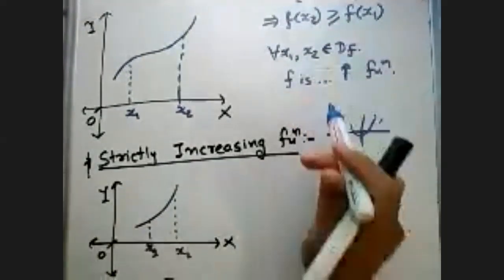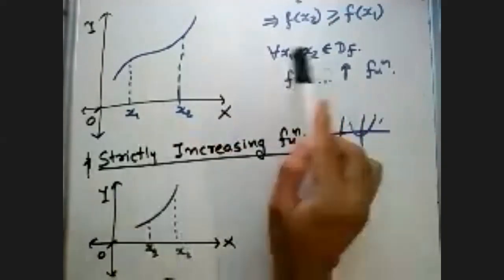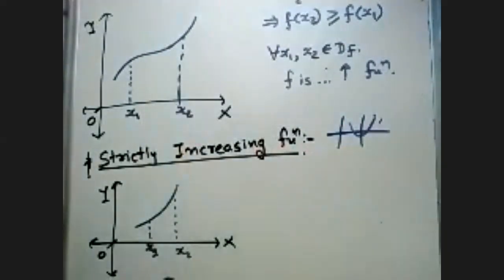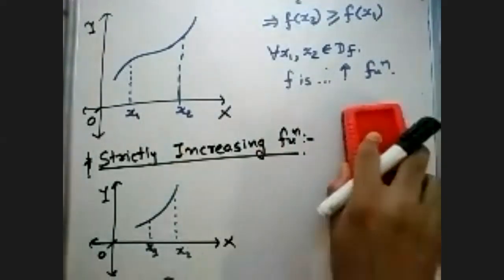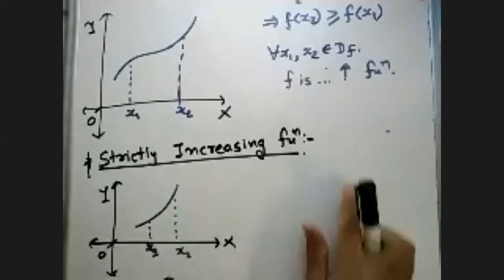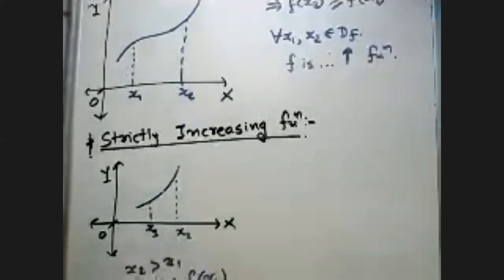Right, and what is the main difference? The main difference is this only, Manoj. In increasing, they can be equal at one point or at a few points, but in strictly increasing they can't be equal. If you take any two points, they cannot be equal. Always for x2 greater than x1, f of x2 is greater than f of x1.